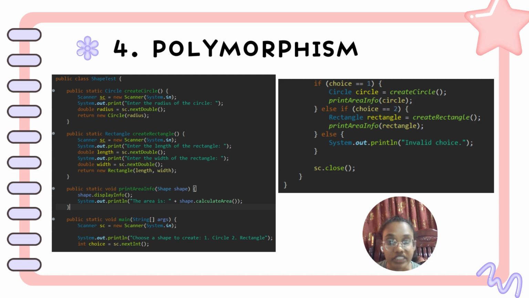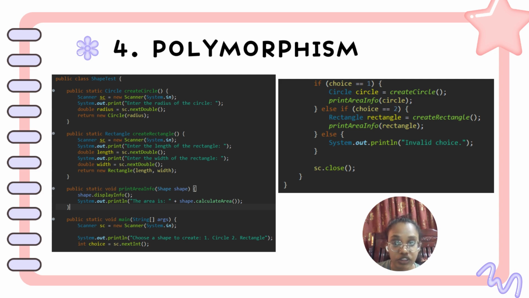Second is the public static Rectangle method. We create it the same way, but we also include entering the length of the rectangle and entering the width of the rectangle. Third is the public static void printArea(Shape), which calculates the area of the shape.